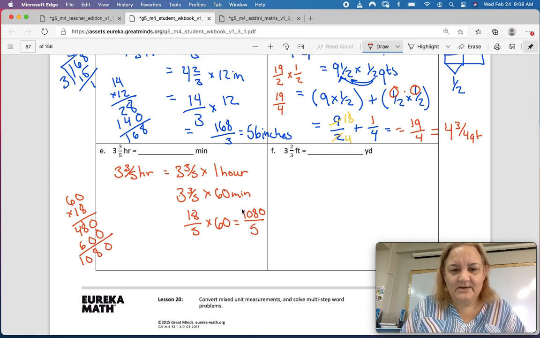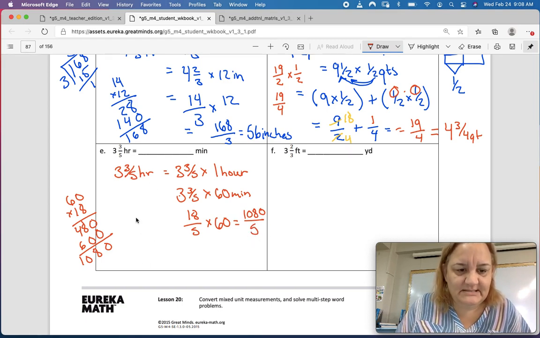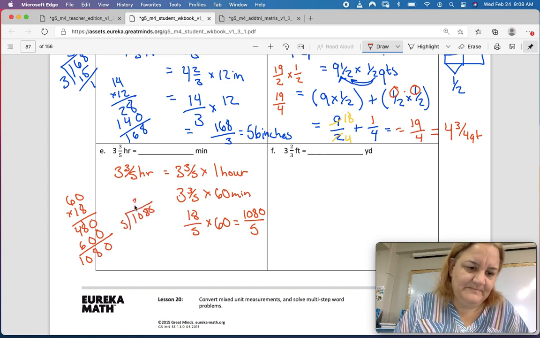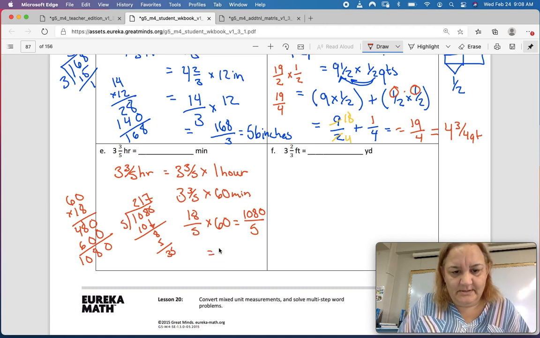And of course, they don't want an improper fraction, so let's do the math here. 1,080 divided by 5 would be 2 is 10, and 8 would be 1, 5, and that's 3, 5 is 7. So that would equal 217 minutes.